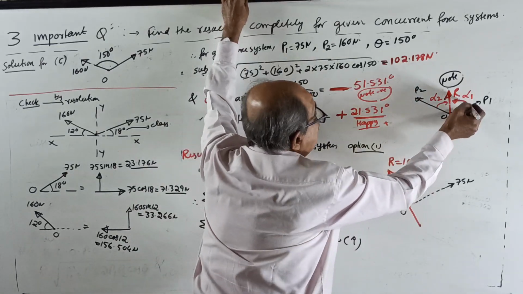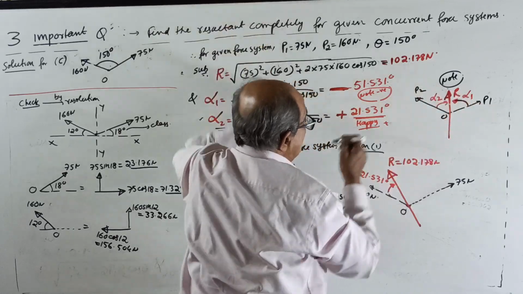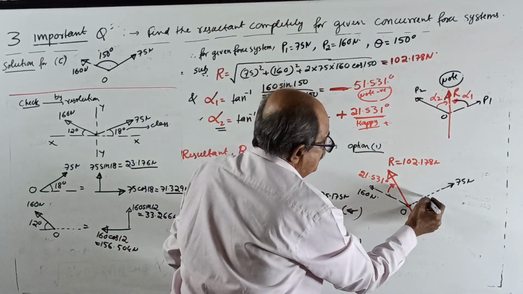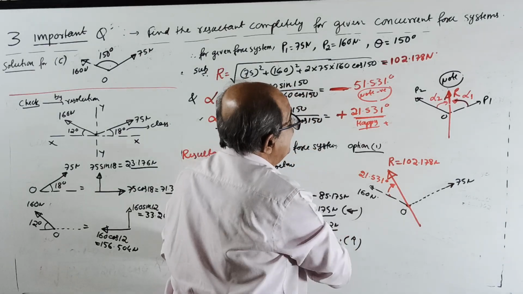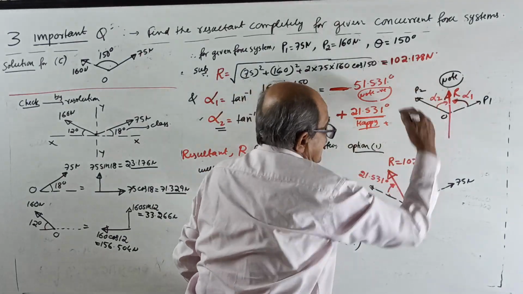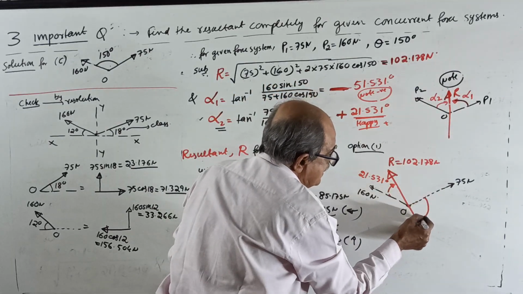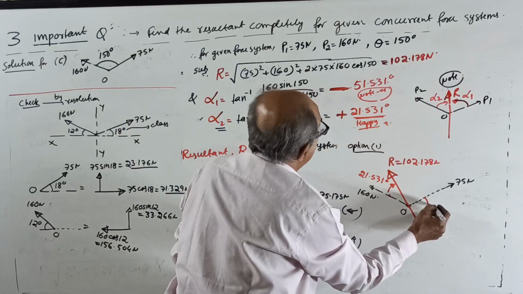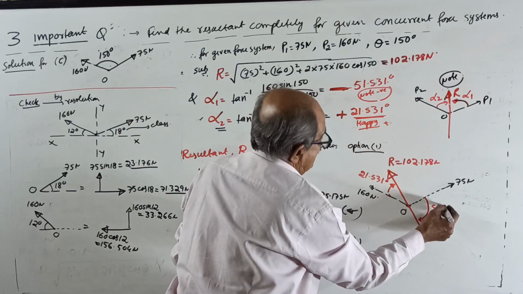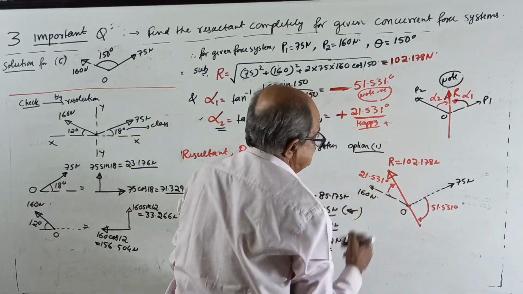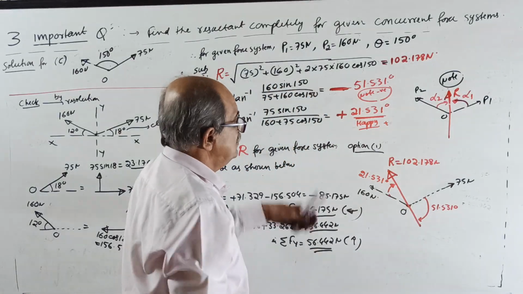Alpha 1 you took like this, and negative came. Therefore, instead of going this way, you go this way to the line of action. It is no longer minus; it is 51.531 degrees. That also will do.